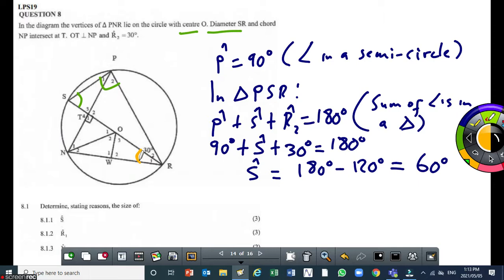Then use TNR to get R1. Then I'm done. Okay? That's how I would approach it. I don't know if there's anyone who is seeing something else, but that's how I would approach the question. Okay? So let me do that on the next page.